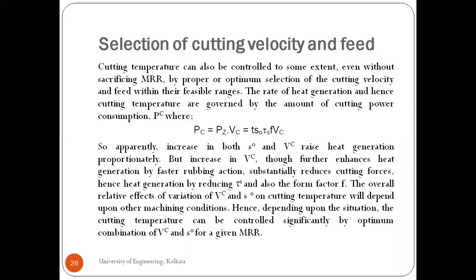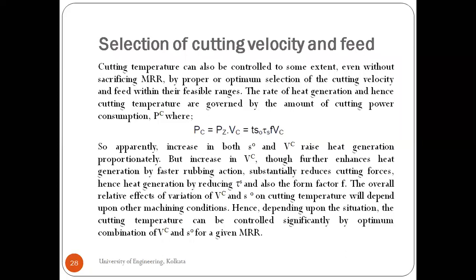Now it is seen from the equation that if you increase the feed as well as the cutting speed together, there will be an increase in the heat generation. However, as I told you a few minutes back, if you increase the cutting speed, the cutting temperature will increase. However, if you increase the feed, there will be a reduction in the cutting temperature.